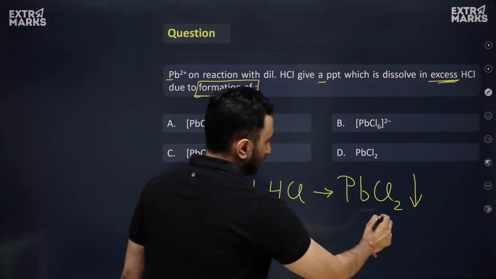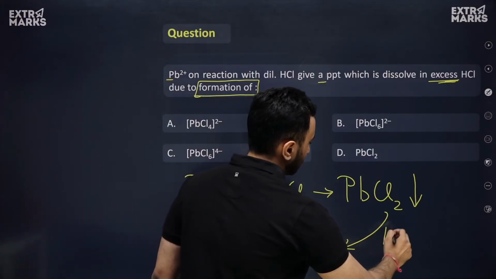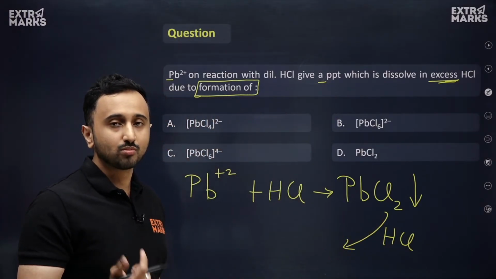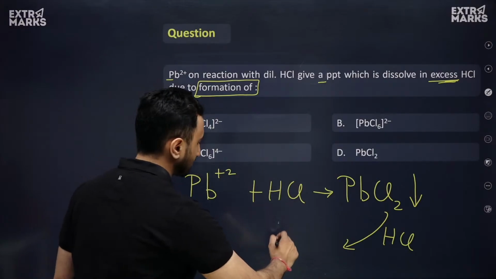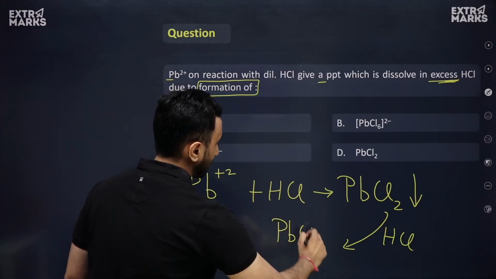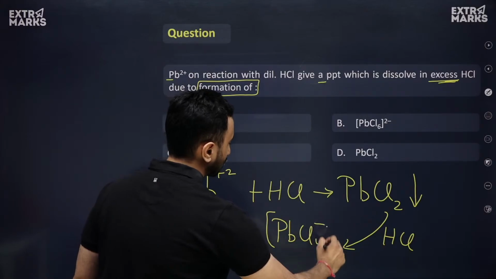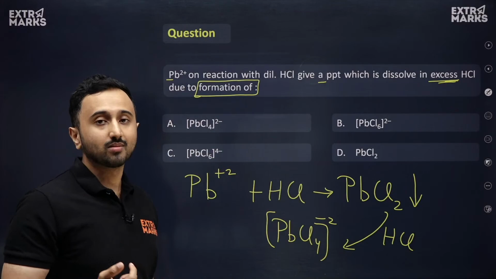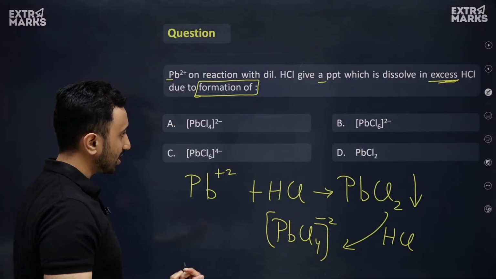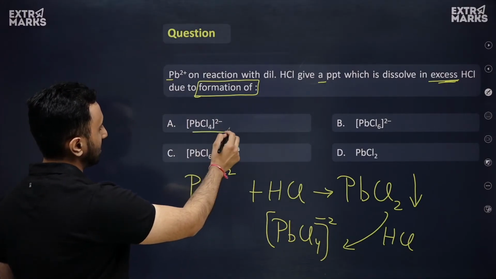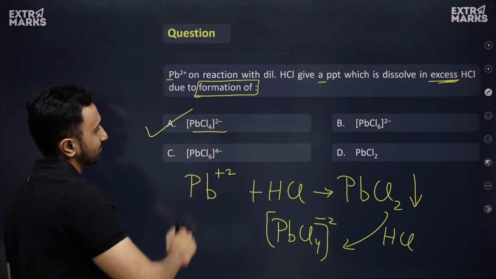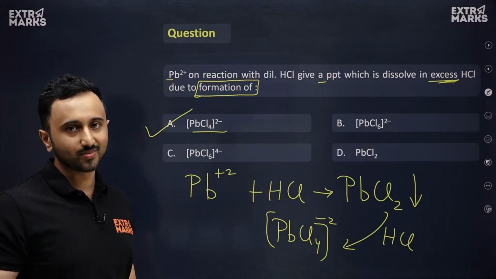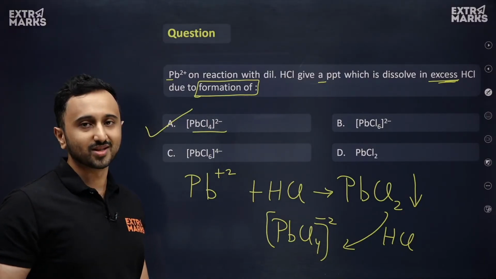If you keep on adding HCl, this PbCl2 can take 2 more Cl negative ions to form this PbCl4 minus 2 complex. And when it makes this complex, it will become soluble. So the answer will be PbCl4 minus 2, option A. This will be the correct answer. Now if you know the reactions, it's very simple, otherwise you will have to skip this.